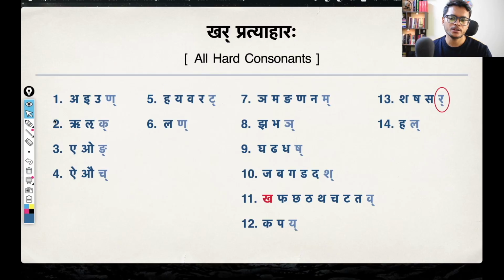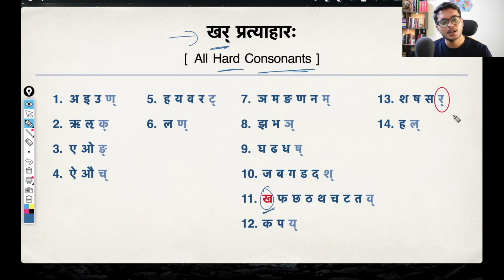Now if we move on, you have this khar pratyahara. And the khar pratyahara represents all the hard consonants. Because if you can locate this kha here, starting from this kha, moving until this ra. So we know that Sutras 11 and 12 represent the C1 and the C2, the first and the second consonant of the Vargiya Vyanjan. As we can see here also, kha, pha, cha, tha, tha, cha, ta, ta, and ka, pa.